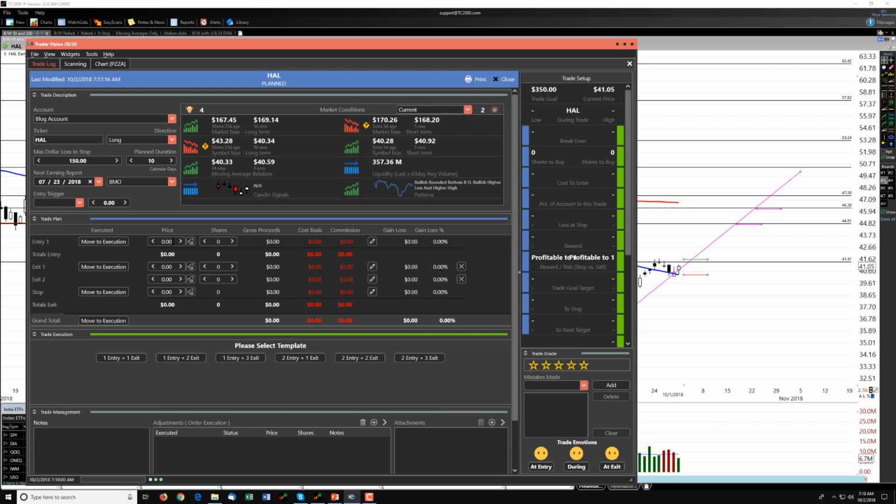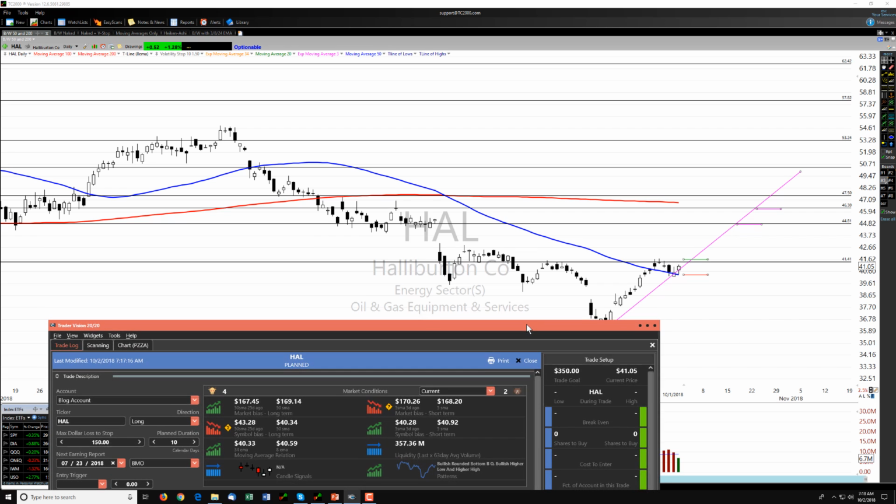Let's plan this out here with 1 entry, 2 target exits. So let's say that our entry is going to be above this line. Let's look at this again.